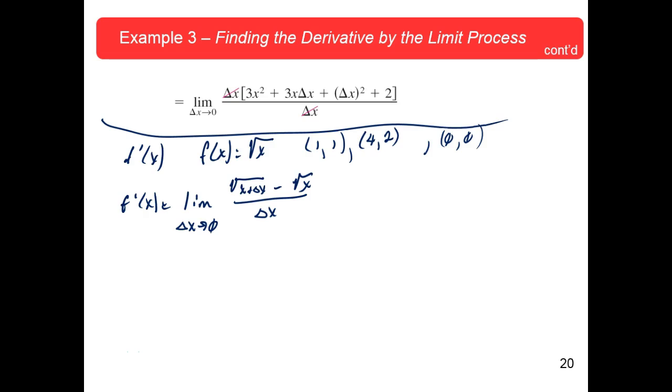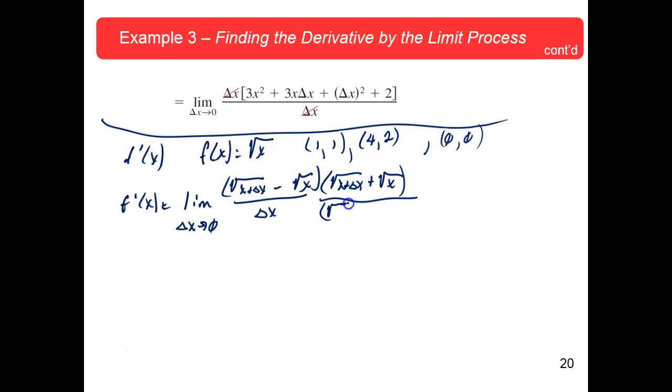We rationalize the numerator. How do we rationalize the numerator? The conjugate. You got it. And what's the conjugate of that numerator? The square root of x plus delta x plus the square root of x. But if you multiply the numerator by that, guess what we have to do?